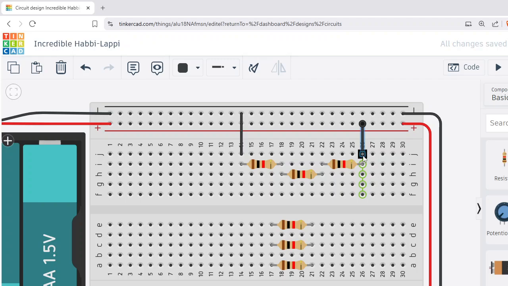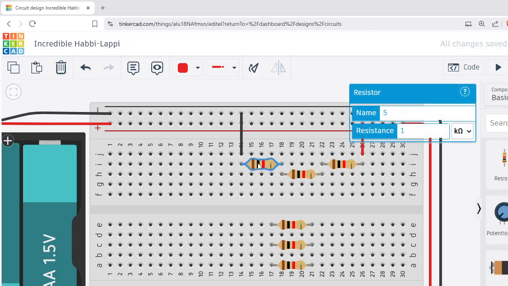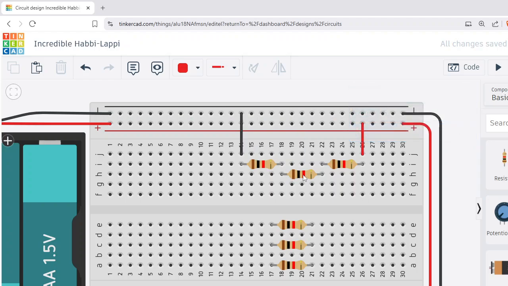Now you can see these three resistances are in series, right? What would be the total resistance of these three? If this is 1 kilo ohm resistance, then 1 kilo ohm plus 1 kilo ohm plus 1 kilo ohm would be 3 kilo ohm.